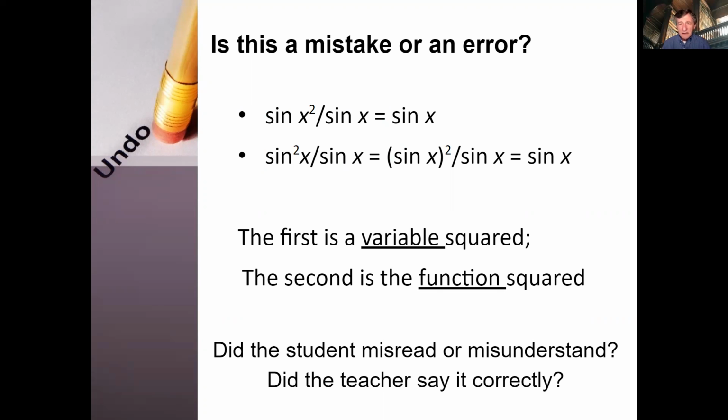And the other thing that happens, of course, is did the teacher say this correctly? Because a lot of times the teachers will just say sine x squared or sine squared x. Do they say it correctly so that students see the difference between a variable and a function and can understand this concept? Or do they just say it for a procedure?